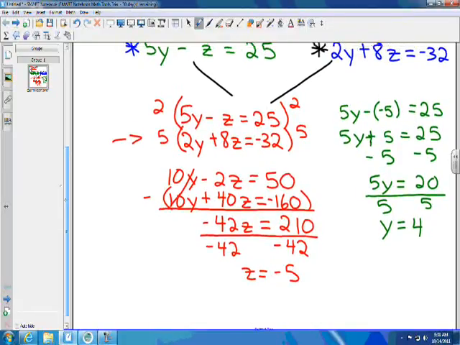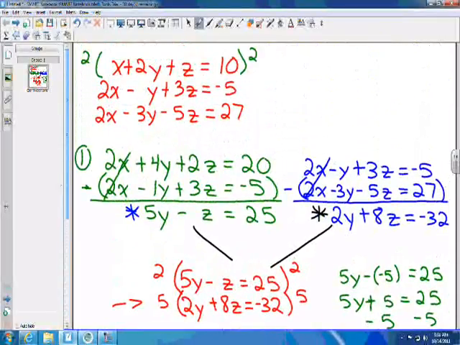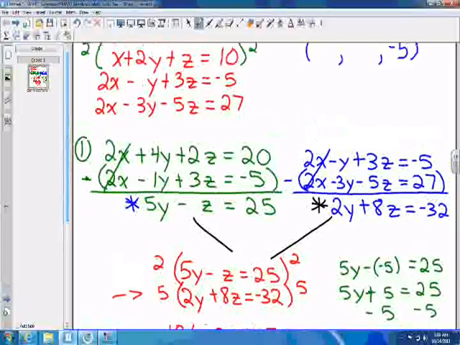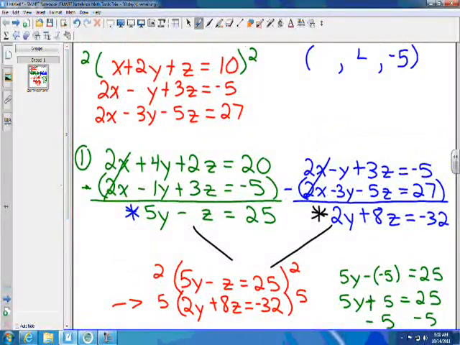Now you plug those, both of those, into one of the original equations. Again, it doesn't matter which one of the three, but it needs to be an original. We found negative 5 for z and 4 for y. So we have to find our x.